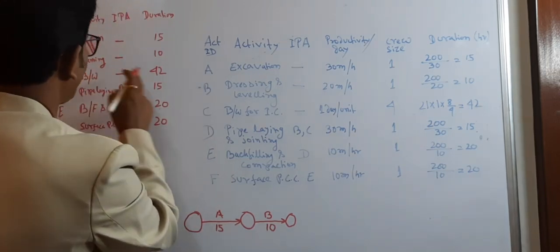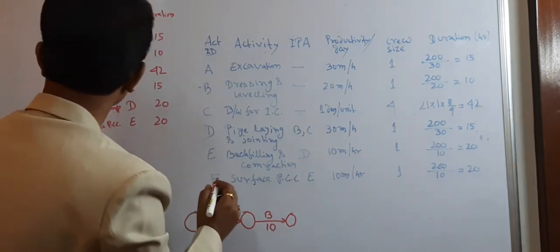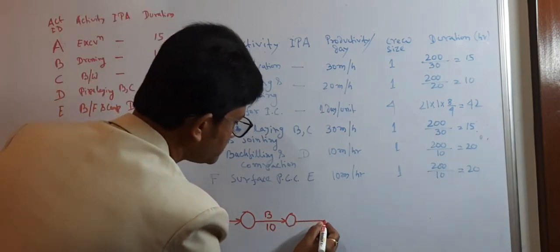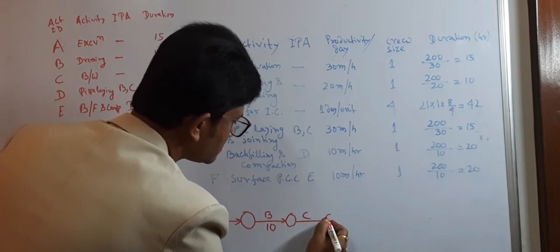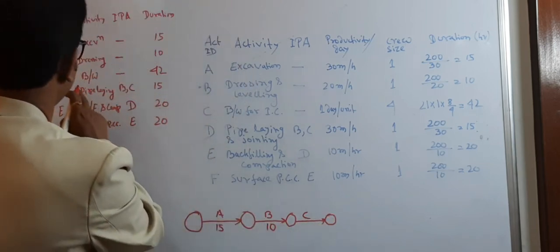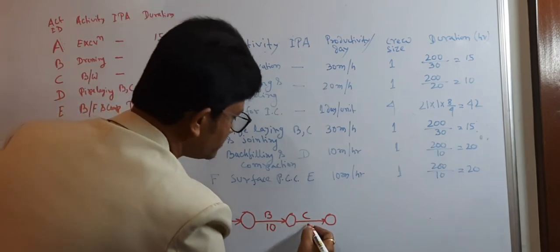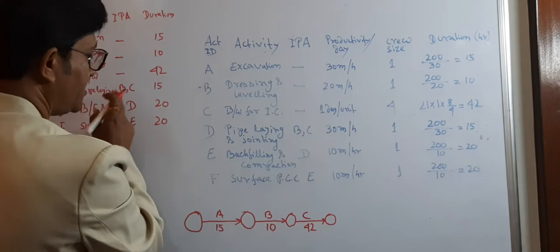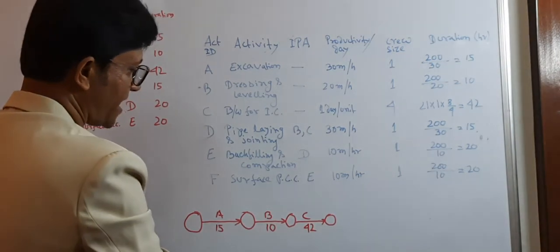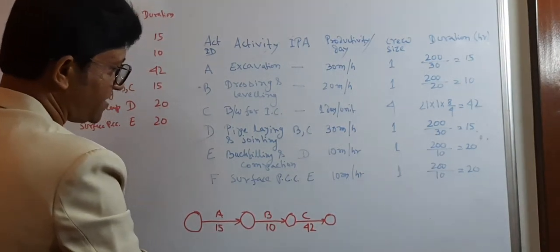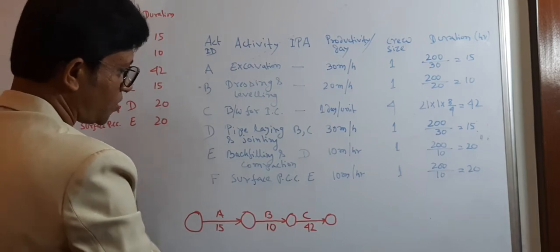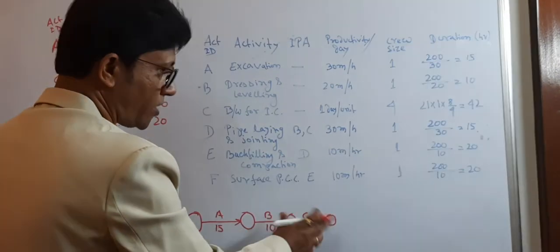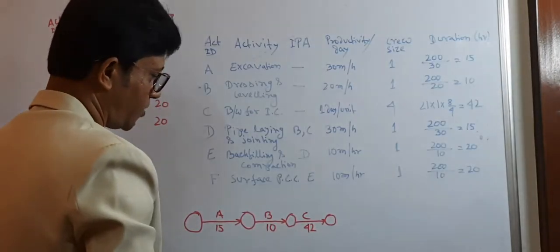Then activity C will come, whose duration is 42. Now activity D will come from activity B and activity C. So here we have to draw it in a different manner, not in this way.